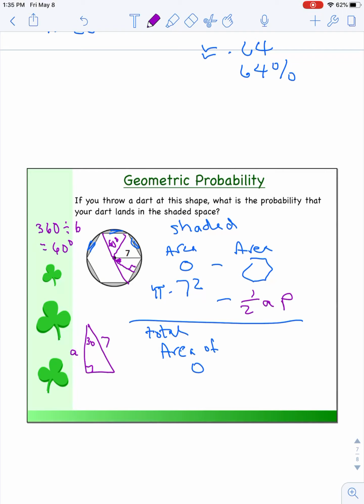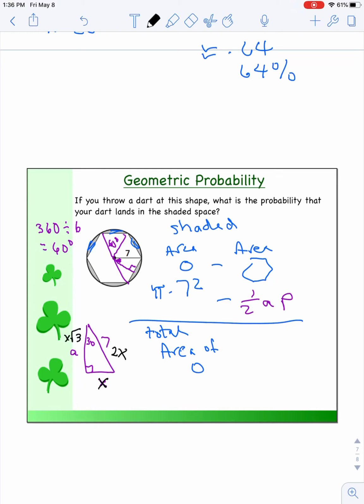And I'm going to be able to find this side, I'm going to call it x, using my 30, 60, 90 relationships. So remember, in your 30, 60, 90, the shorter side is x, your hypotenuse is 2x, and your longer side is x square root of 3.